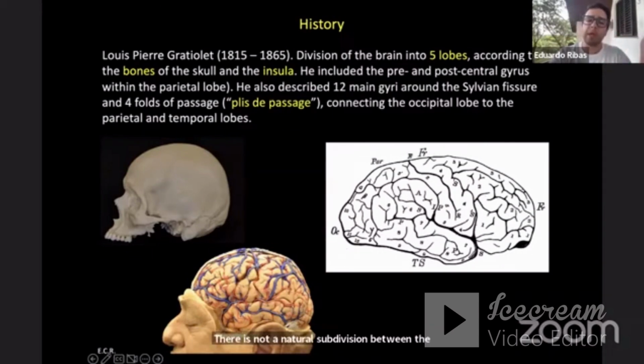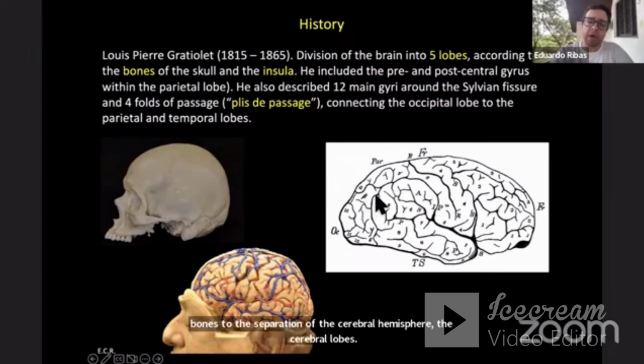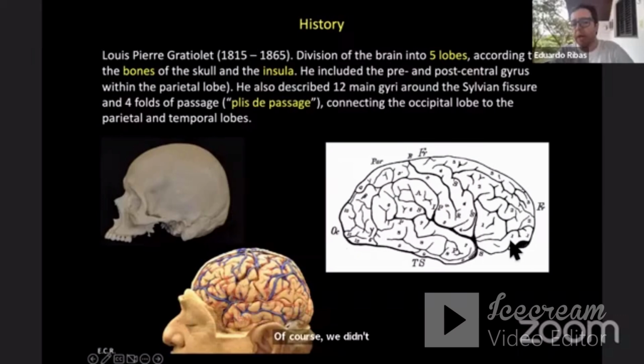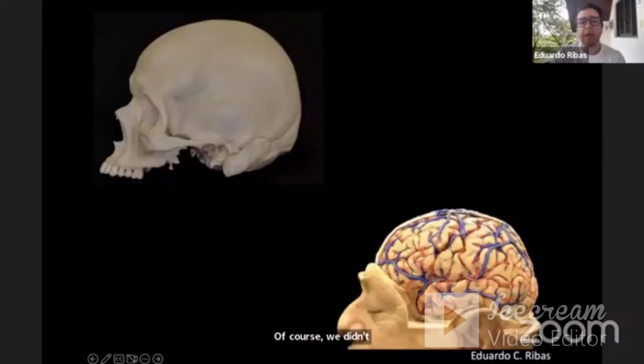So in the beginning, he took advantage of the natural separation between the bones of the skull, and he related the separation of the bones to the separation of the cerebral lobes. Of course, we didn't know much about brain anatomy at that time, but we already knew about the bones. So we were using the cranial sutures to divide the brain itself.